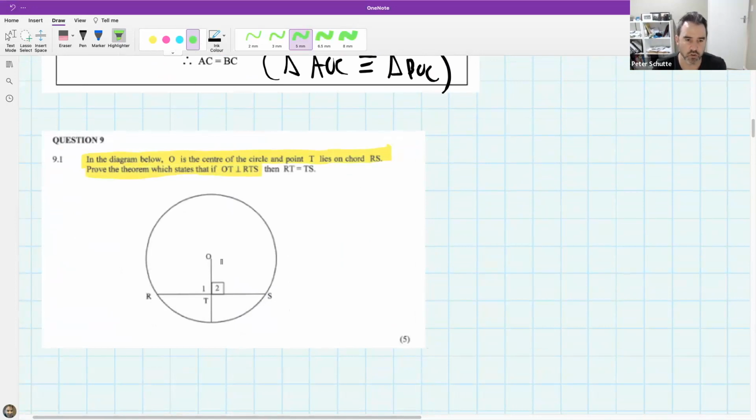They tell you to start with that these are right angles, let's say, and you need to prove that RT equals TS. What is my first step going to be? What is my step 1? If I want to get 5 marks, where do we start?